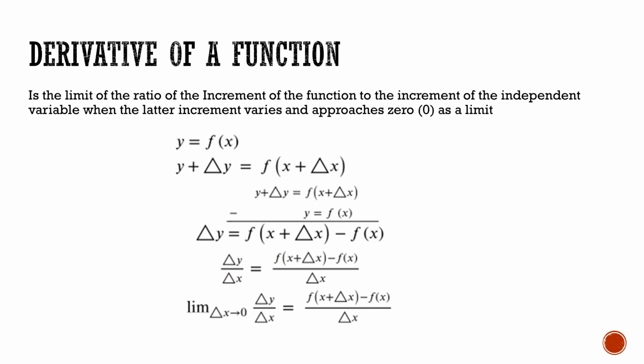To define this, it is the limit of the ratio of the increment of the function to the increment of the independent variable when the latter increment varies and approaches 0 as a limit. So we can see here, if we have a function of x in terms of y, wherein y is equal to the function of x, there is a corresponding increment for y and a certain increment for x as well.